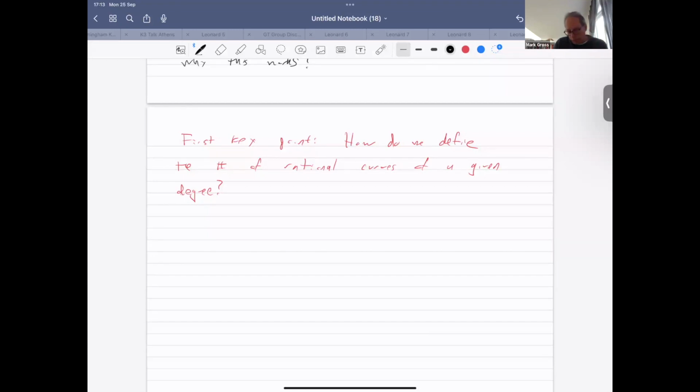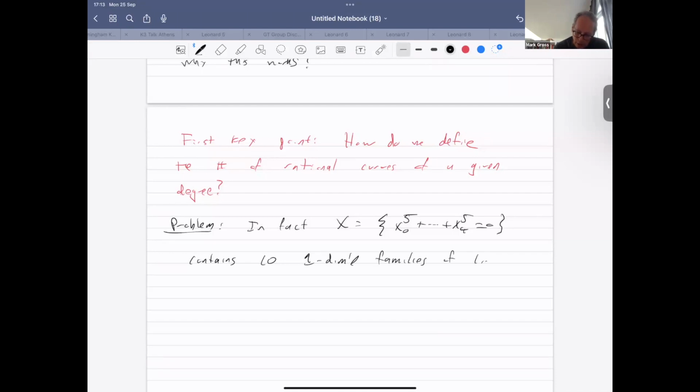Before, I just said we count them, but that's really pretty subtle. So, for example, a typical problem: if I take X to be the zero set of this Fermat quintic, this does not contain 2,875 lines. It contains an infinite number of lines. It contains 10 one-dimensional families of lines. So I was lying when I said it contained 2,875 lines.